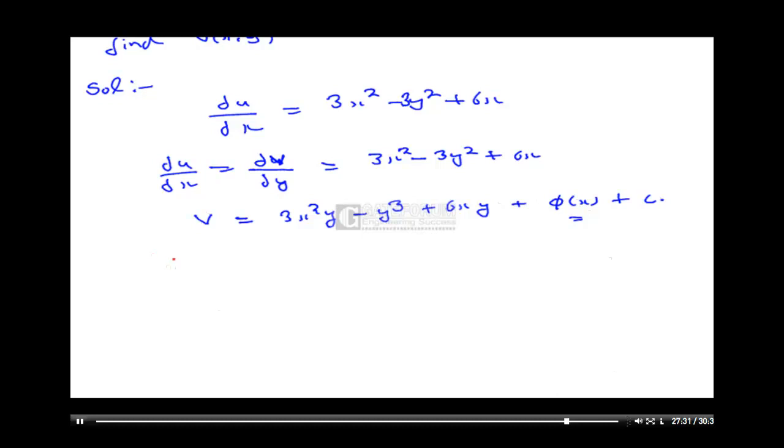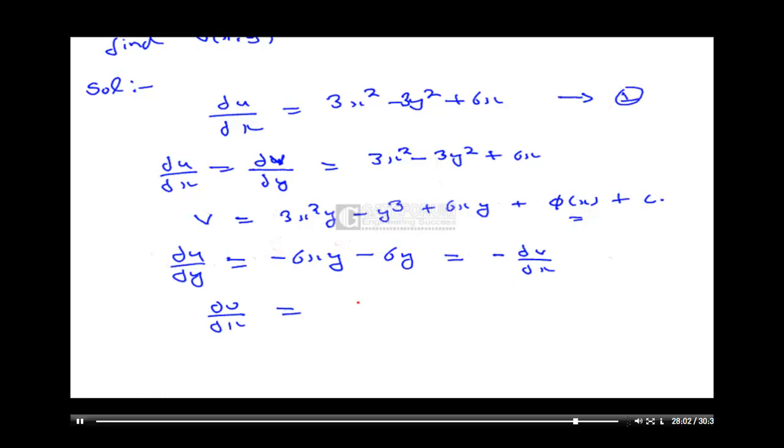Okay, now del u by del y is how much? This is equation number 1. Del u by del y is equal to minus 6xy minus 6y. According to the Cauchy-Riemann equation, this is equal to minus del v by del x. Thus, del v by del x is equal to 6xy plus 6y.